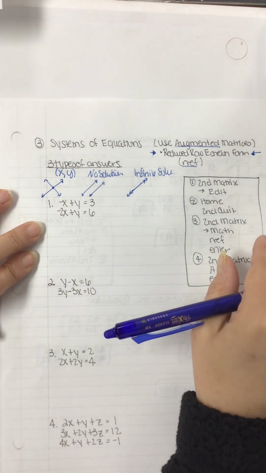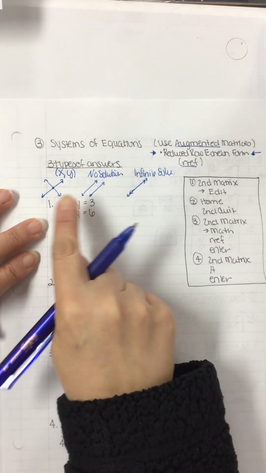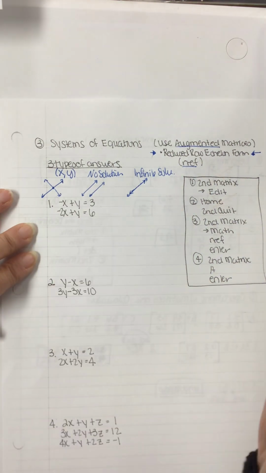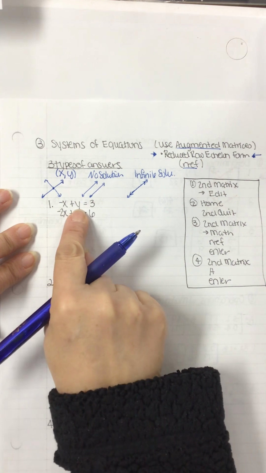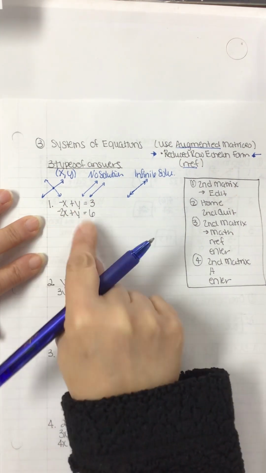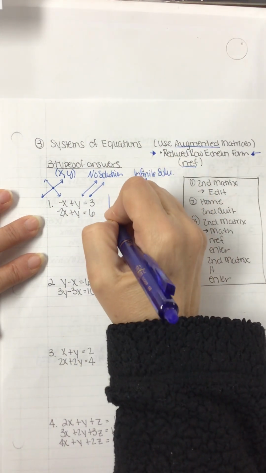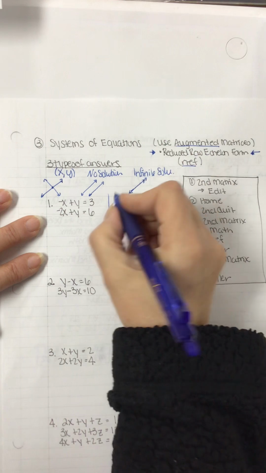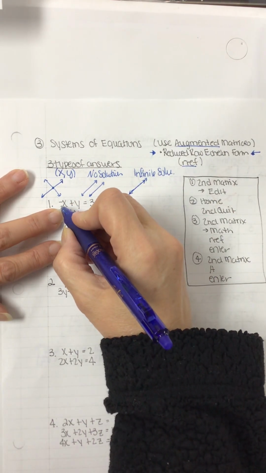Before we can write them as a matrix, we have to make sure they're in the right form. So we want the constant on the right-hand side of an equal sign, and we want x plus y. Well, those are already in x plus y equals a constant, yes? So now we can write a matrix. And what we're going to look for here is the coefficients. So the number in front of the variable.